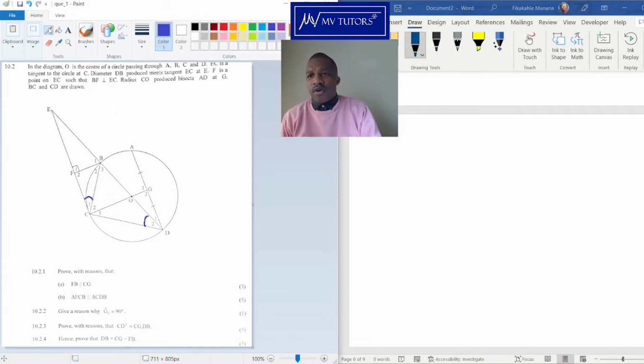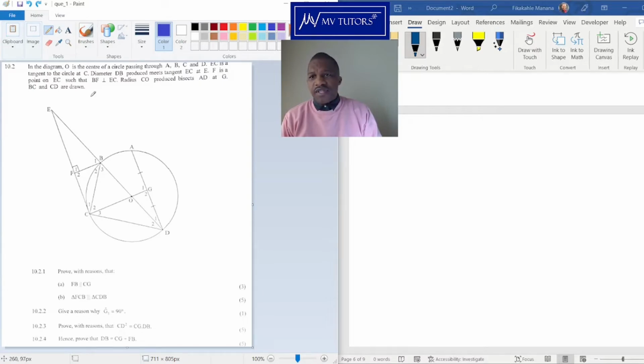Then, diameter DB produced meets tangent EC at E. What do we know about a diameter? It subtends a 90-degree angle. So that's 90 degrees, and produced means it's a straight line, which gives us 180 degrees over there. Those are the clues that we're picking up from the statement.